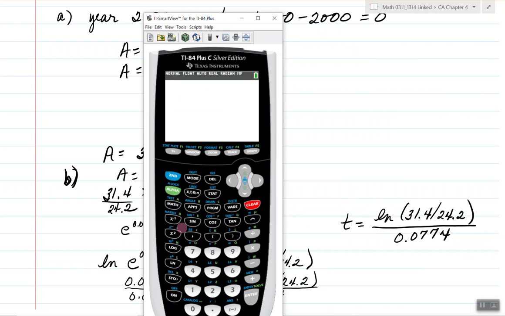All right, the numerator is ln 31.4 divided by 24.2, all of that, divided by 0.0774. All right, this is t.